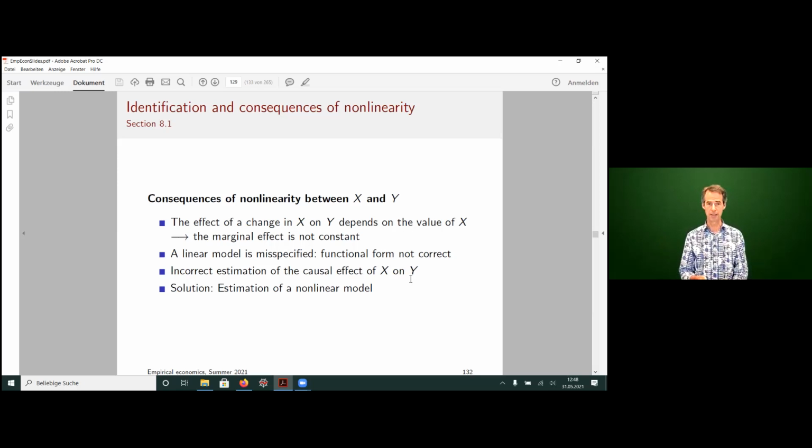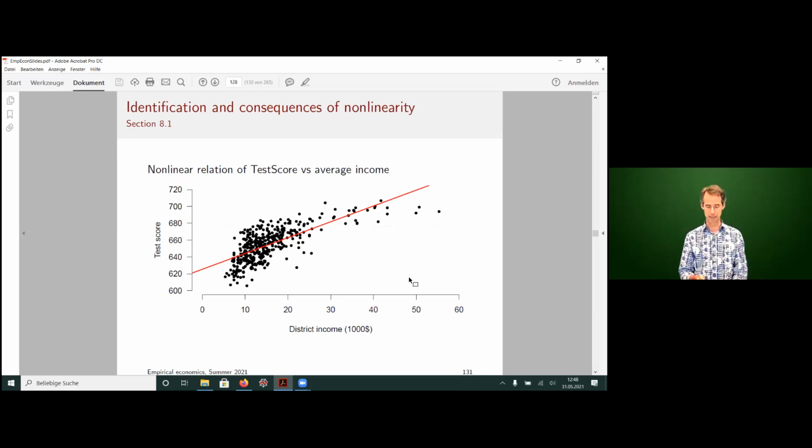So to go back to the previous slide, if we pretended that the marginal effect is constant and the slope of this red line, then we would say the marginal effect of increasing the district's income, ceteris paribus, is the slope of this line. But we can see, if we look at the scatter plot, that the marginal effect down here is higher, while the marginal effect up here is smaller than the slope of the red line.